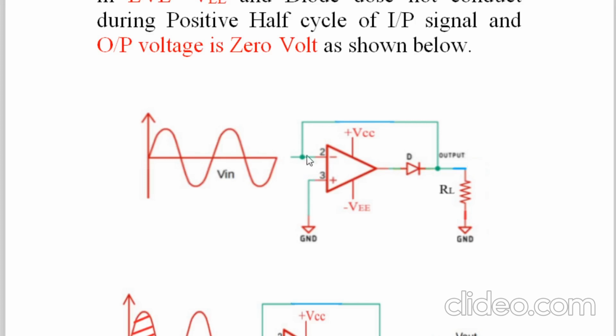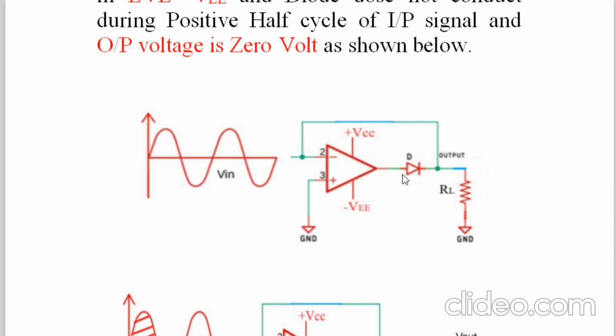Suppose a sine wave is applied at the inverting pin, meaning now the op-amp is used in inverting configuration. Inverting configuration means what? When the voltage at the inverting pin is in the positive direction, the output of the op-amp will be in the negative direction, and vice versa. Whenever the voltage at the inverting pin is negative, the output of the op-amp will be positive.